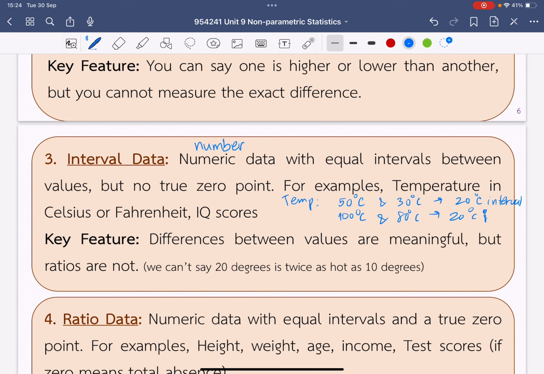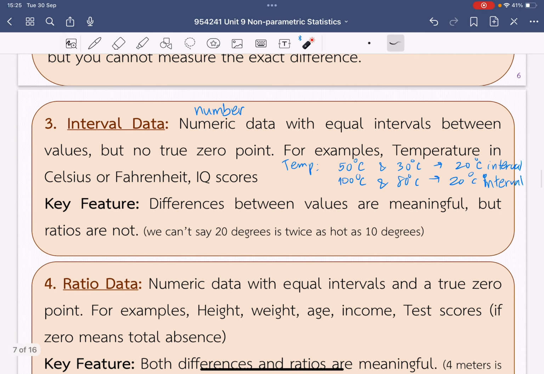So they have equal intervals between values, but no true 0 point. 0 may have no meaning; it may not be nothing, it could be something. Key feature: the differences between values are meaningful, but the ratios are not.